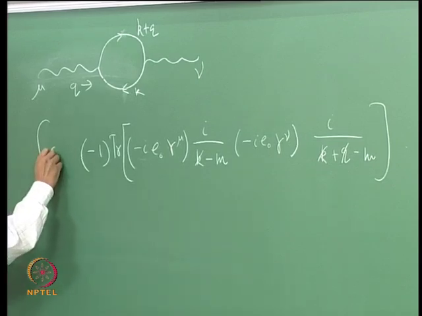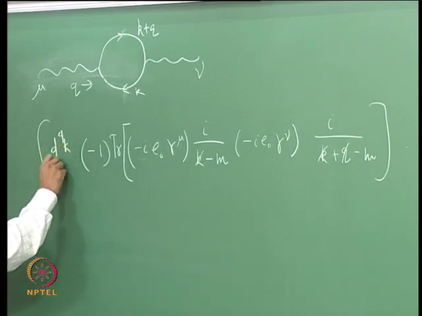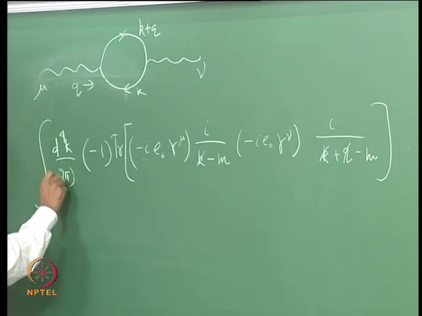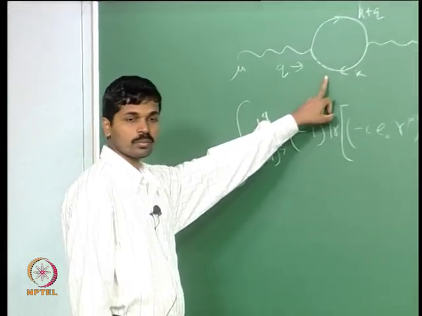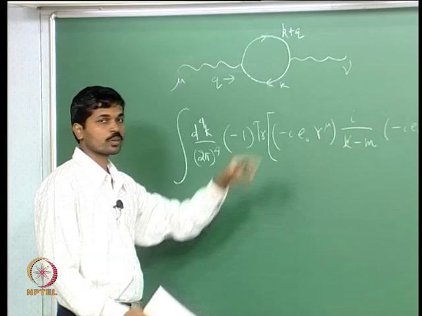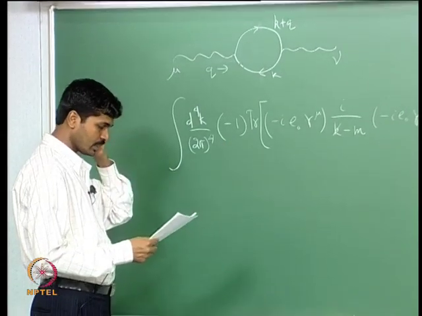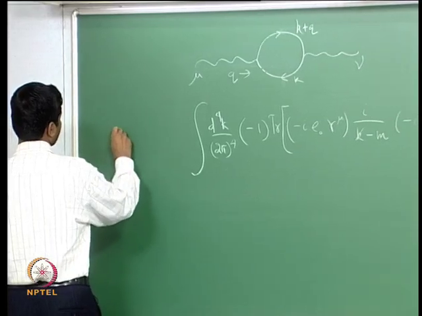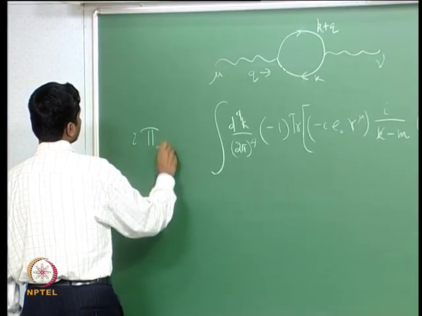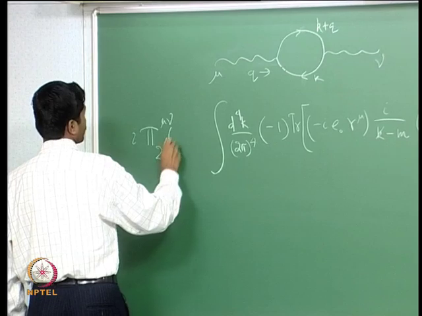So, you have d^4 k divided by (2 pi)^4 and this. So, this is what you will get from a closed fermion loop like this. I will denote this to be i pi_2 mu nu of q.